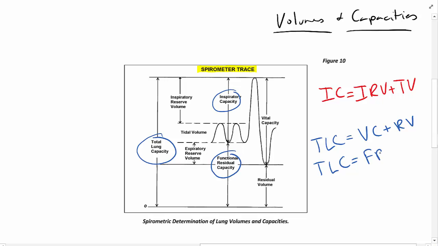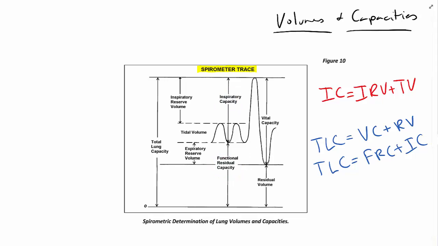So that could be FRC plus inspiratory capacity. So you get the picture. In order to make total lung capacity, you can combine many other capacities or volumes together. There's a couple other ones that we're not going to go through. You get the idea. So that's total lung capacity. It is the total amount of air in the lungs. This includes the air that you can't get out via exhalation.